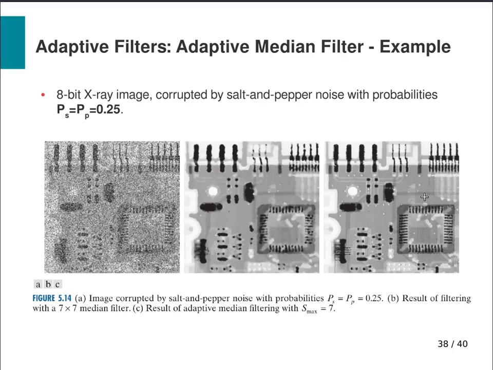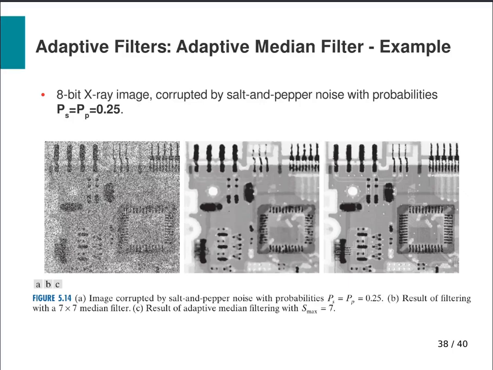And finally, to the right, this is the result of adaptive median filtering, with S max being 7, basically the maximum allowed size for the neighborhood being 7. When you compare these two results, it is clear that the adaptive median filtering is superior in comparison to the median filtering.